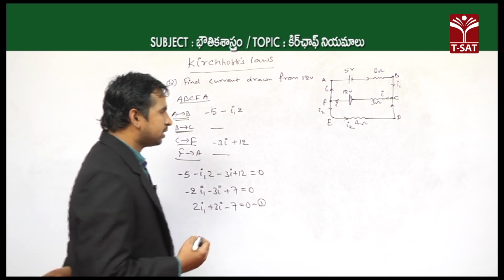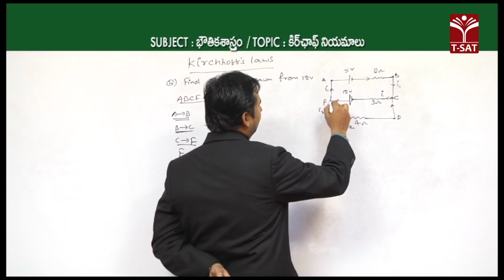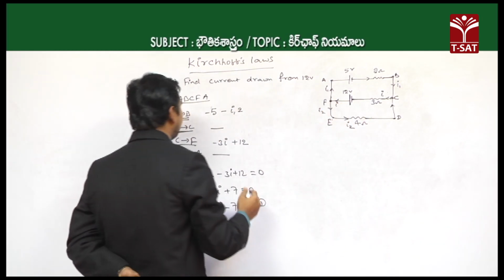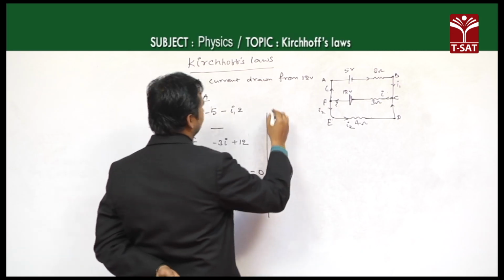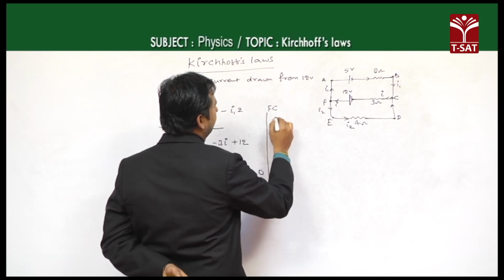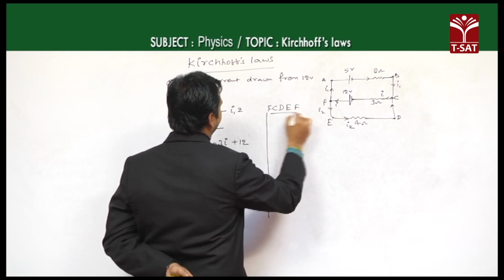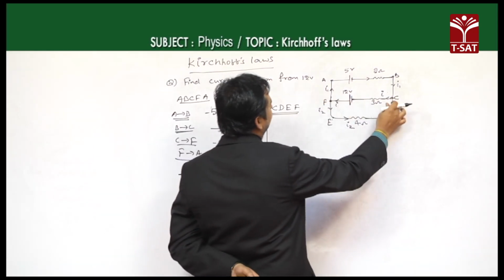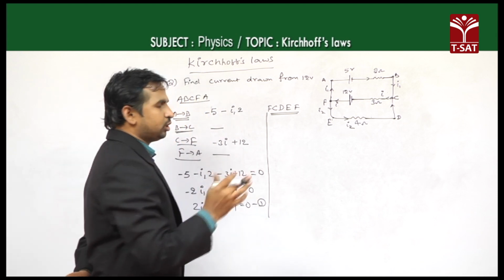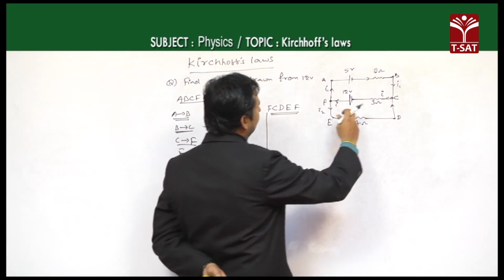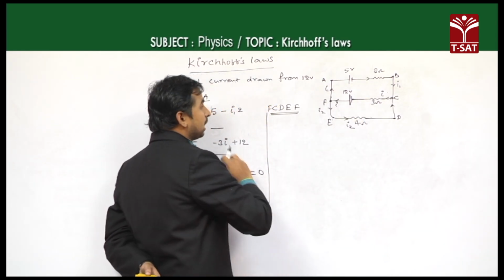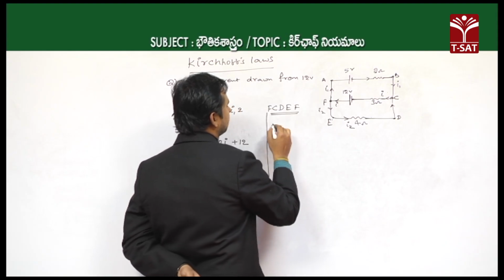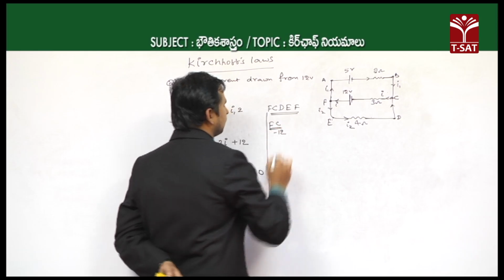Now come to the second case, the second loop. We take the second closed circuit starting from F, C, D, E, and coming back to F. While going from F to C, we are going from high potential to low potential, and the current passing in that line is I. As we are going from positive to negative, it becomes minus, which is minus 12 for FC.